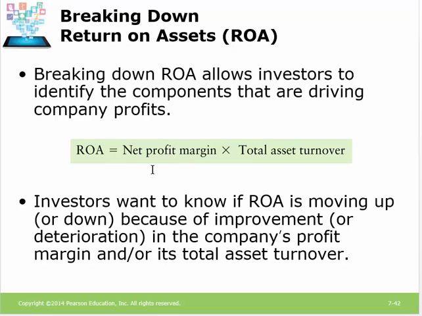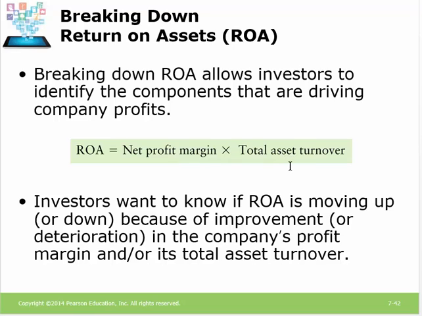So if we go back, what decisions are we interested in? Can management create profits? If we want higher return on equity, one way to get it is to make a greater profit margin: increase prices, increase revenues somehow, decrease expenses.